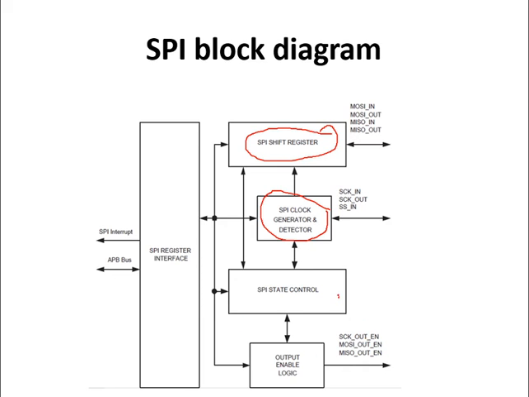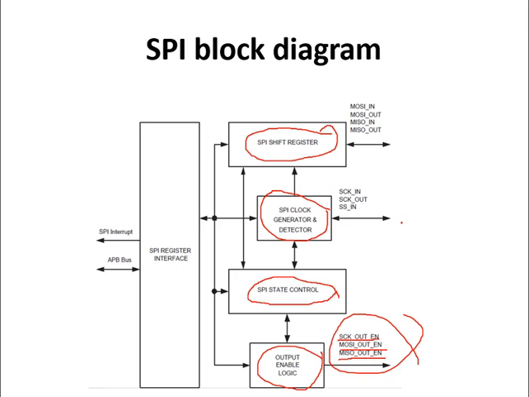Then the SPI state control register is there, where you are giving the polarity and the clock phase signal, CPOL and CPHA. Then output enable logic is used for the serial clock out enable, master out slave in signal, and master in slave out signal. So for that you are giving these signals there.